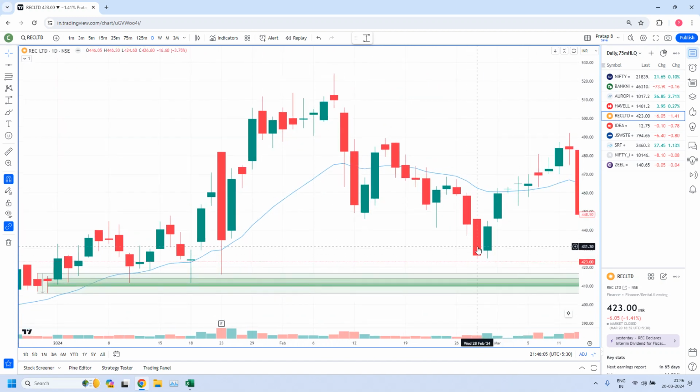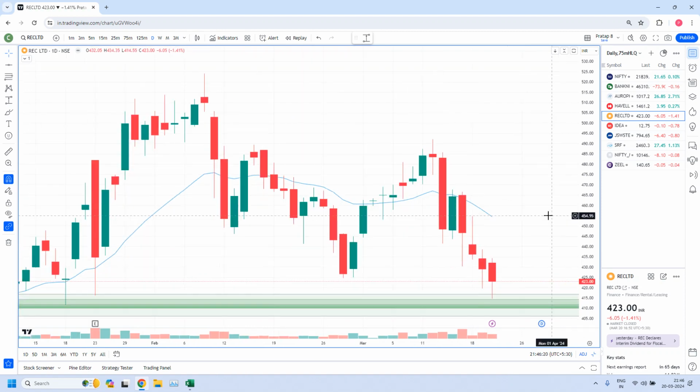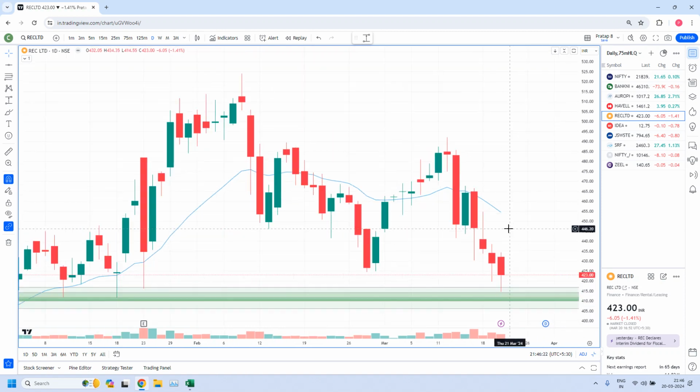Probably on this day, 28th February, we might have discussed this particular zone. So please refer to this video. You might know how we fine-tuned this zone. But from this zone itself, a lot of rejections are coming each time, not allowing the prices to get into this.